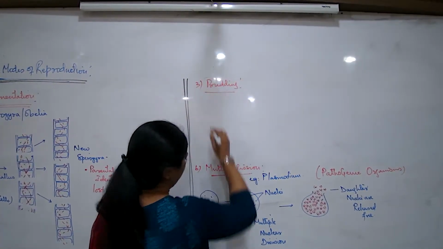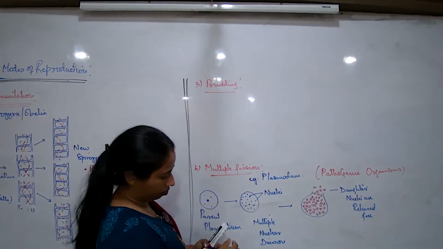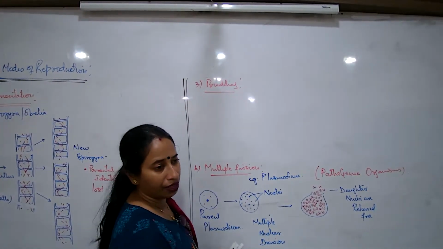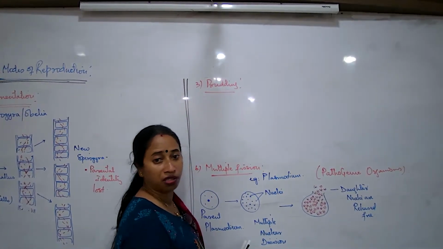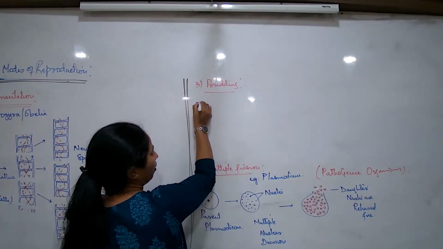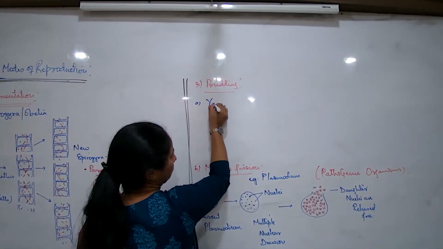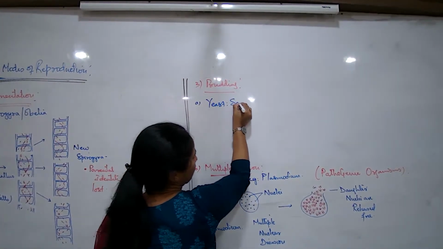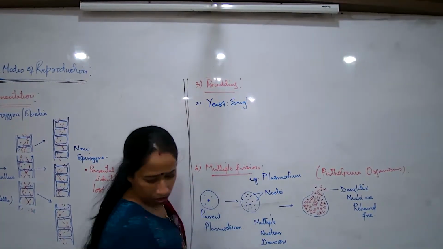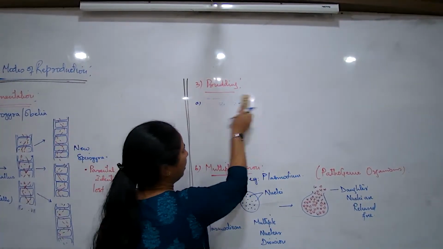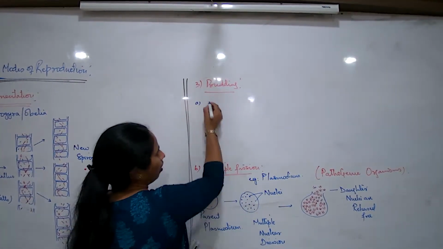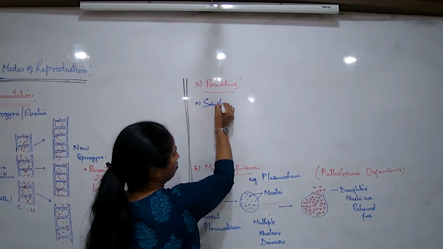Budding can be in single-celled organisms, in multicellular organisms, and also in plants. I talk about budding in yeast. Yeast is a single-celled organism. I talk about budding in yeast, a single-celled organism, to understand.